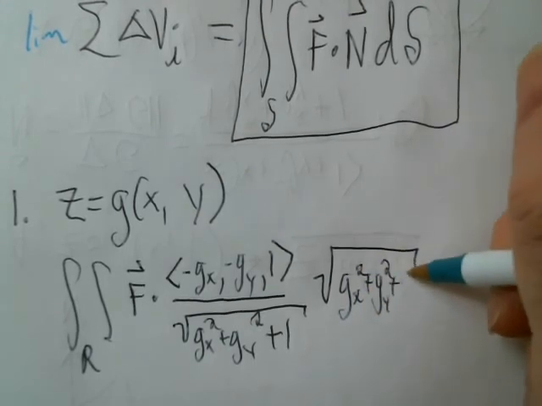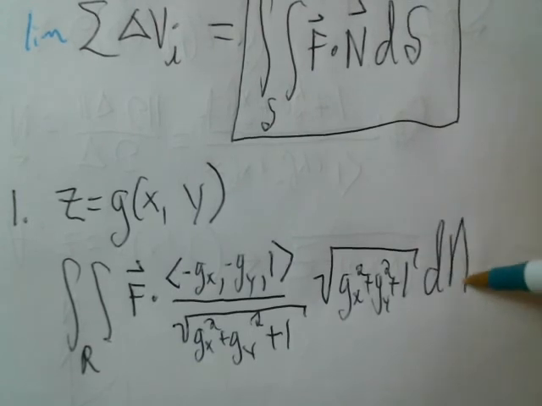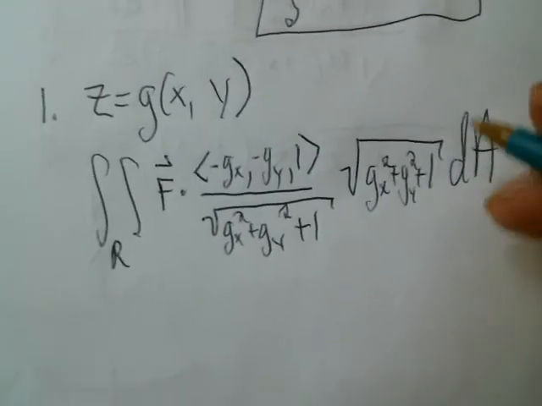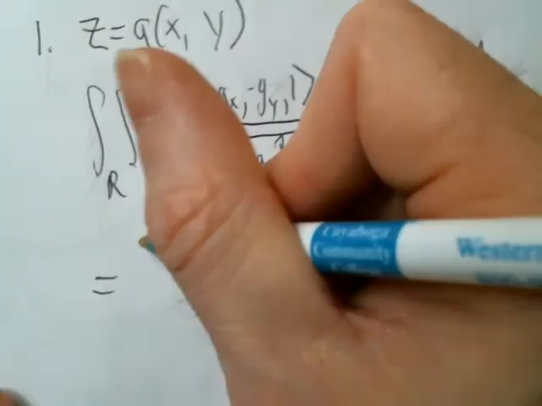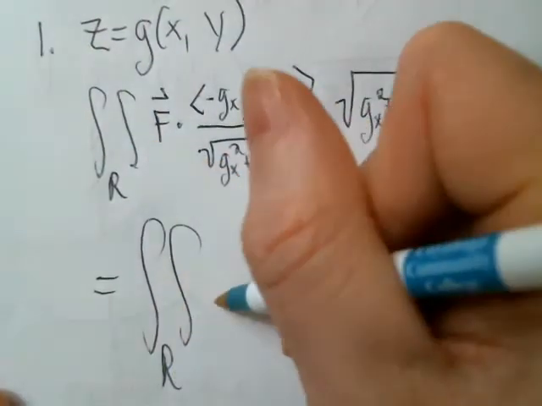The square root of g sub x squared plus g sub y squared plus 1, and then dA. Okay, so that will turn into then sort of our working definition.